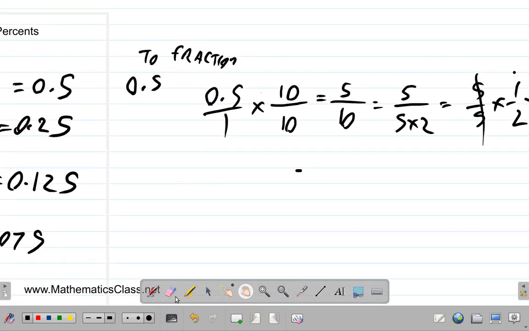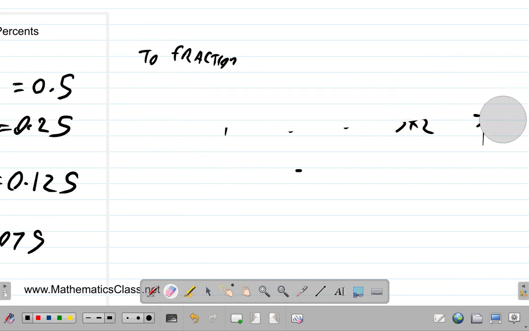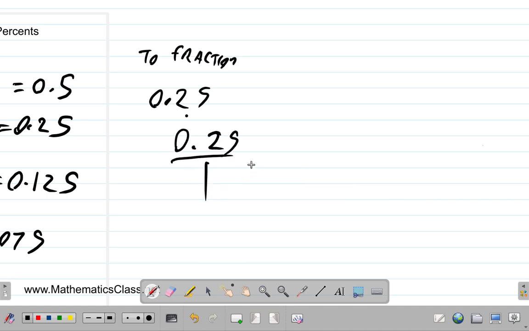Now what about 0.25? We rub this out and do the 0.25 one. I want to convert 0.25 to a fraction. 0.25 is the same as 0.25 over 1. If you multiply 0.25 by 100, you move the point 2 places to the right, so you get 25, right?